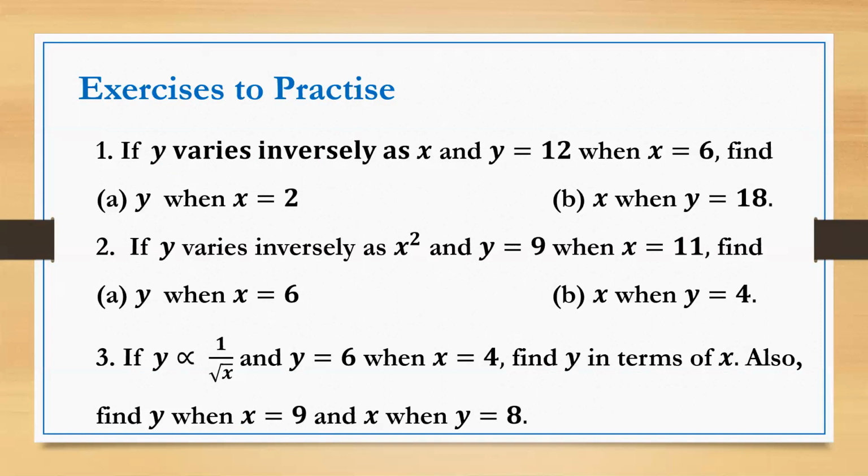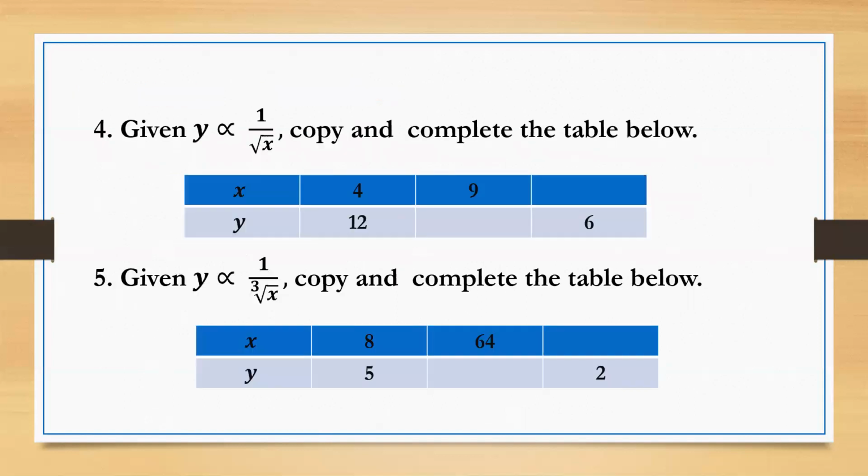The third one, you have Y varies inversely as square root of X. Questions 4 and 5, you will have to copy and complete the table. So for example, for question 5, we have Y varies inversely as the cube root of X.